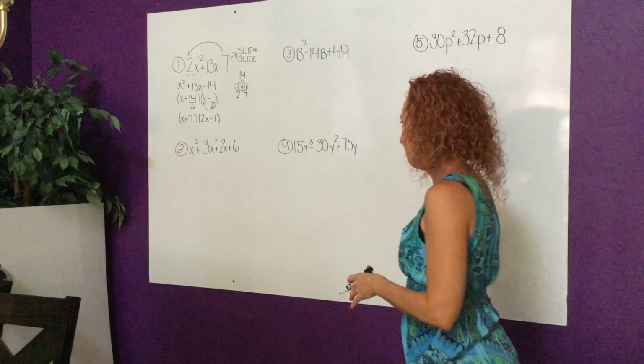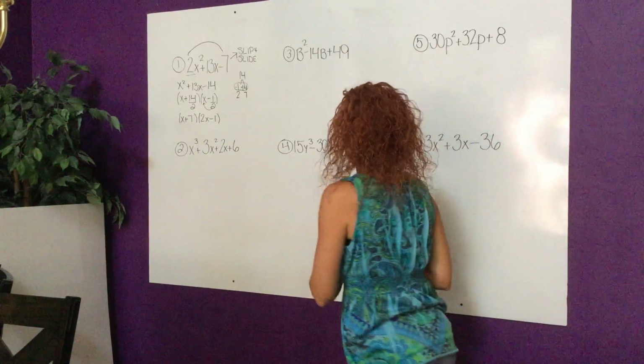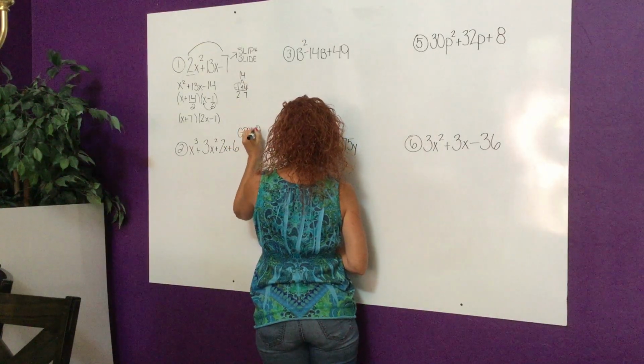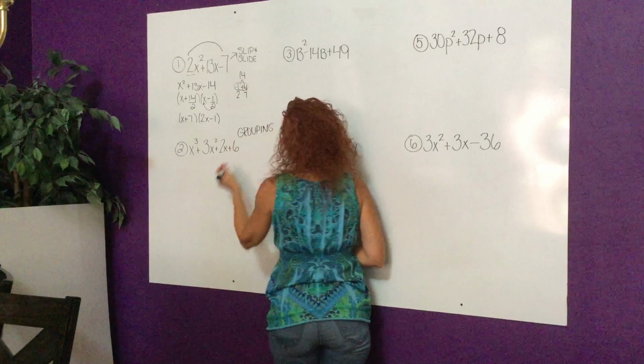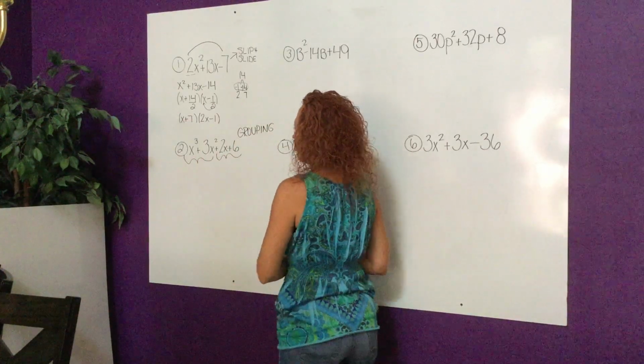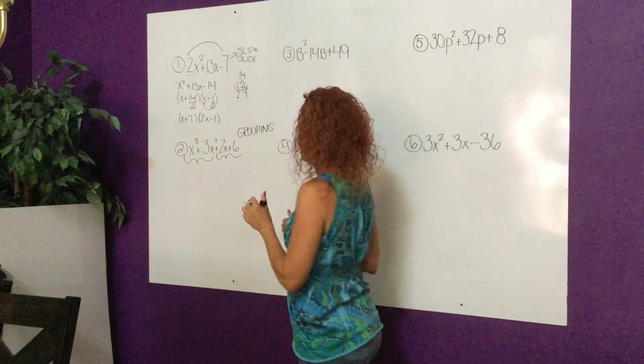All right, number 2. I look at it, I immediately see that it's 4 terms, and so I'm going to factor this by grouping, which means that I'm going to GCF the first 2, GCF the back 2, and hopefully what's left in the middle in those parentheses match up.